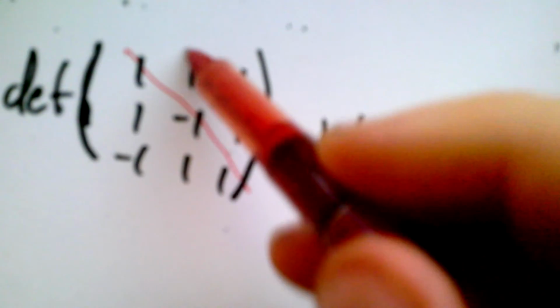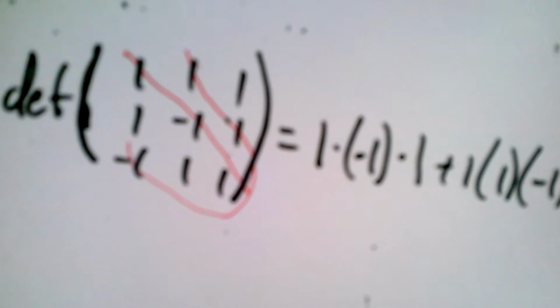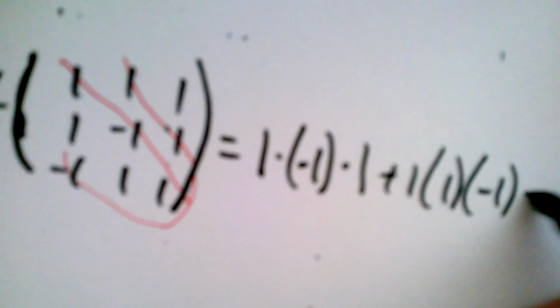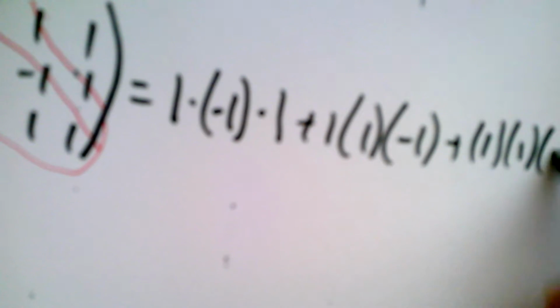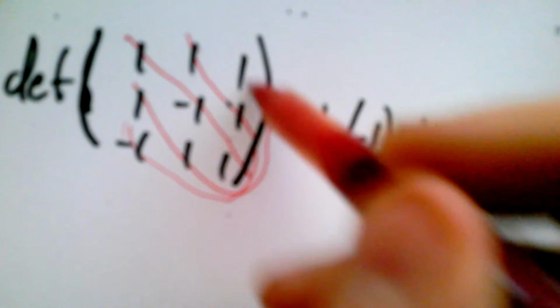That's this diagonal. It's these two and hooks over and hits this corner. Plus 1 times 1 times 1. That's going to be these two and hook around to hit that corner.